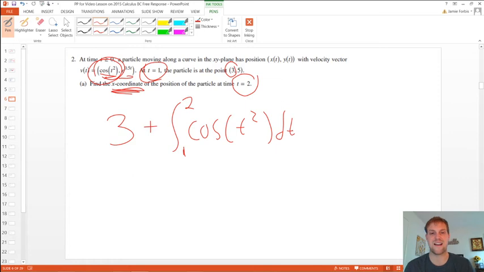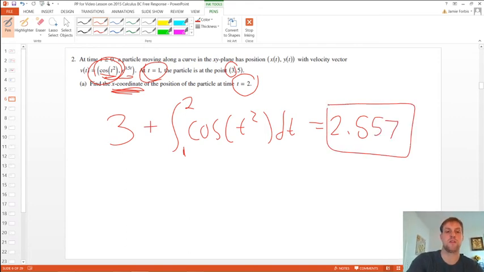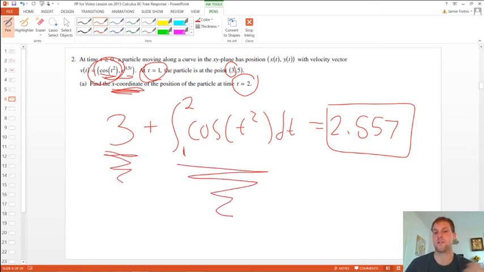I typed that in exactly like I wrote it, and I got 2.557. And again, what this means is we take our initial x position, add the change in distance from time equals 1 to time equals 2, and I'm at my current position, 2.557. Not the craziest thing. We've seen some problems like that.